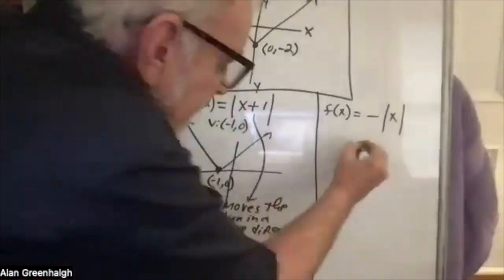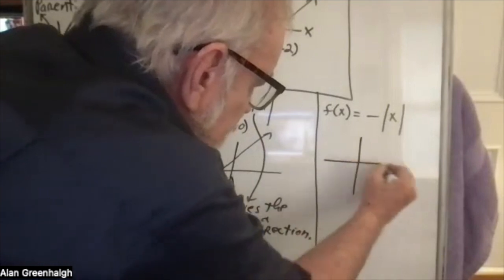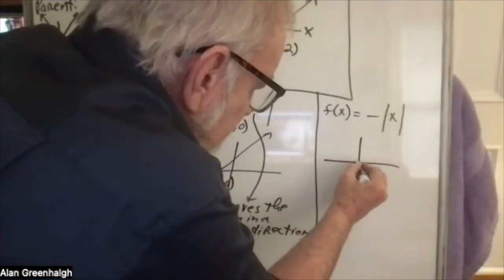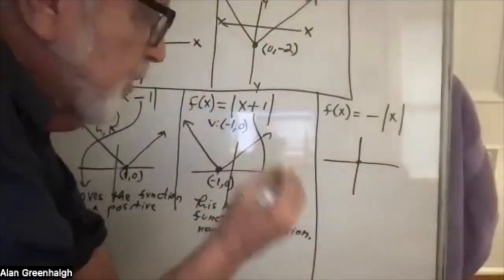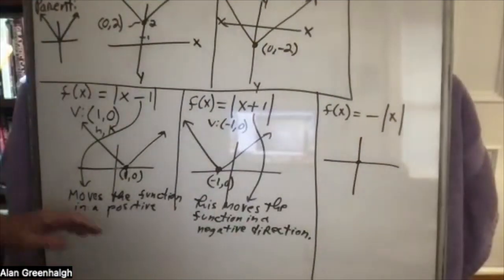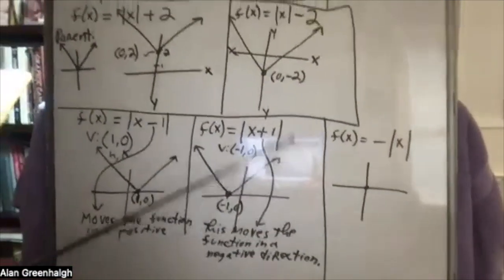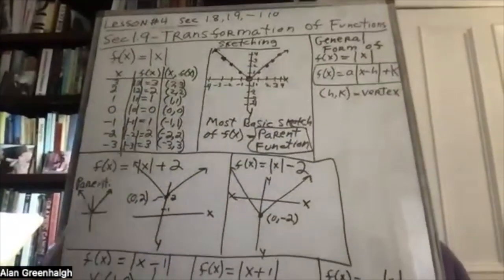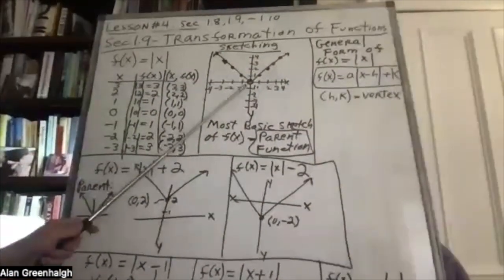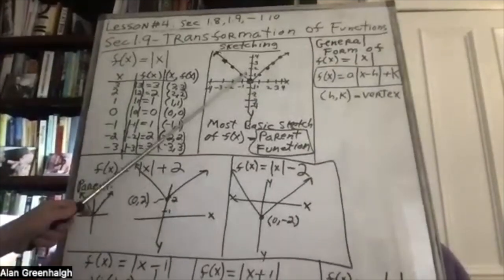When you put a negative in front of the function, now remember, we always start with the parent function. So whenever you're doing something different, always revert back to the parent function right here. This is the parent, right?